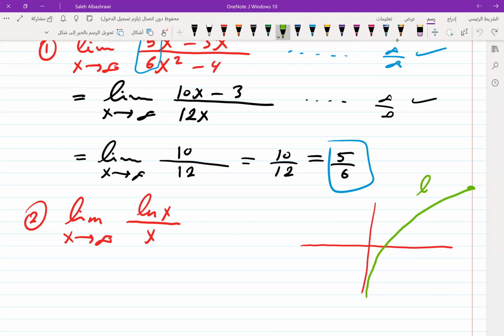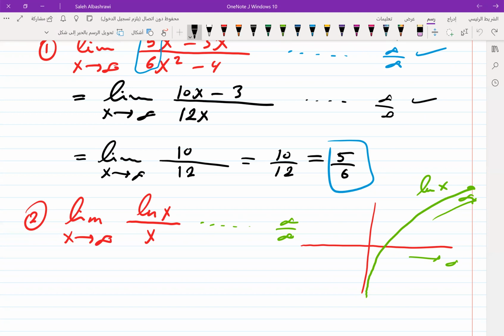This is ln. When x goes to infinity, the graph will go to infinity, or the function is moving to infinity. So this one is infinity over infinity. So it is one of the indeterminate forms. It means that we can apply the L'Hopital rule.